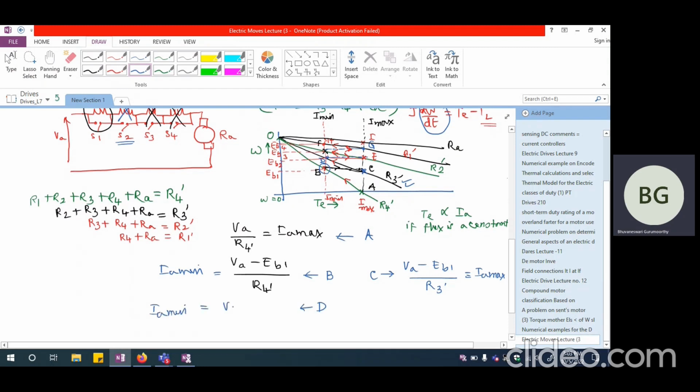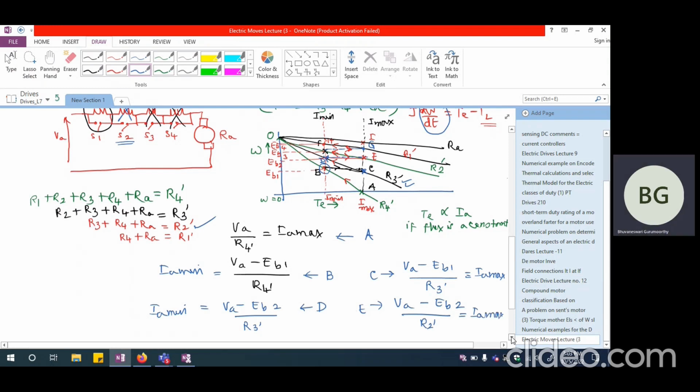That will be equal to VA minus EB2 divided by R3 dash. So that is corresponding to point D. You can see that this is point D. Then point E is going to be corresponding to VA minus EB2 divided by R2 dash. That is again IA max.